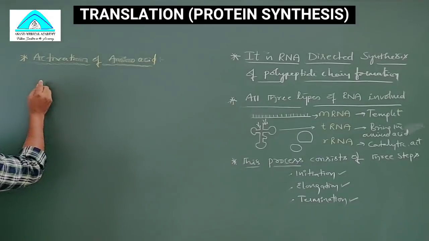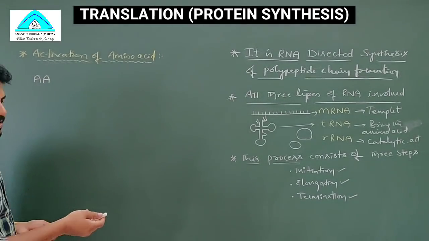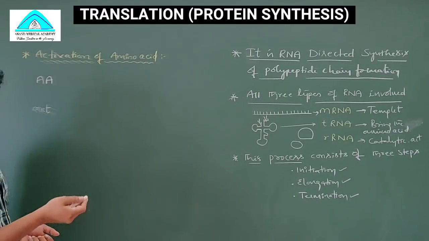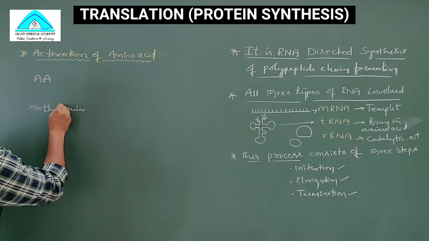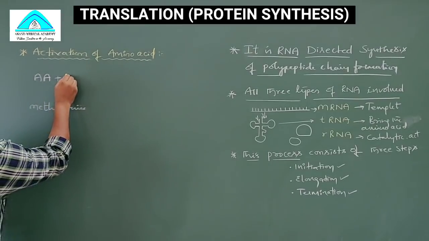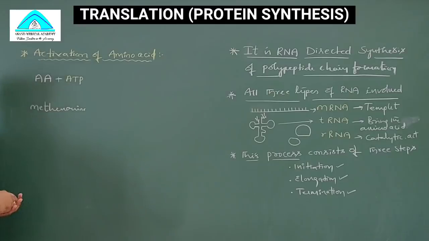Activation of an amino acid means generally any amino acid; suppose methionine, because it is the very first amino acid. Methionine is an amino acid. This methionine or any amino acid requires one ATP, adenosine triphosphate.